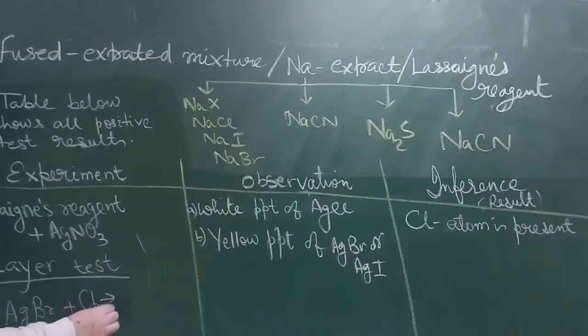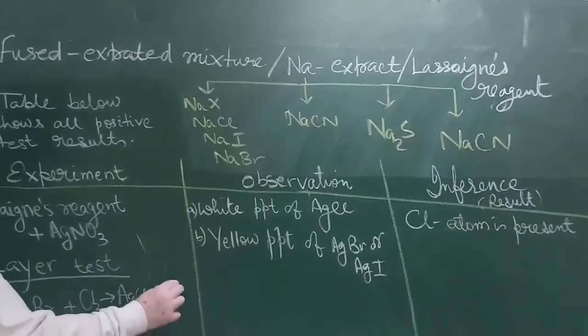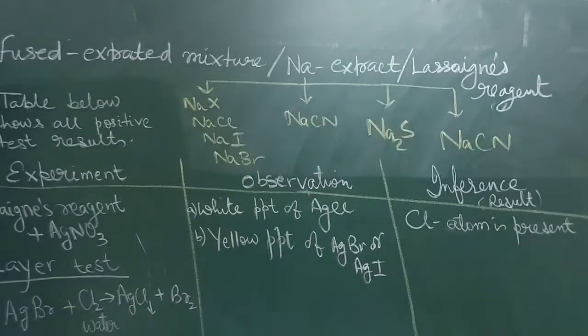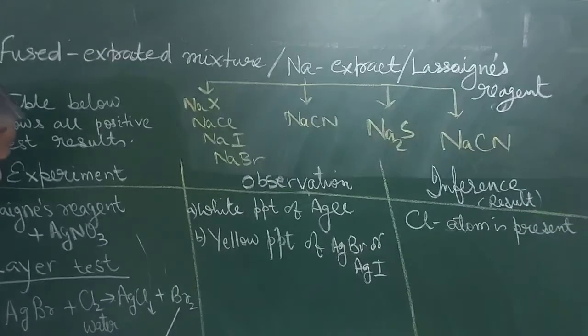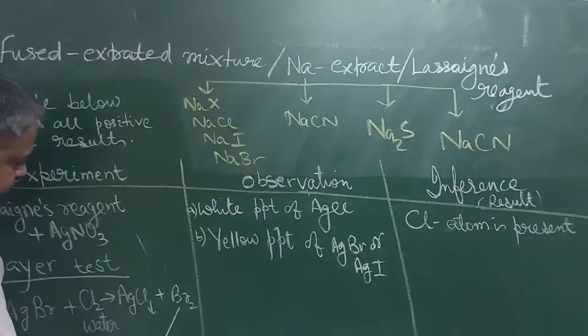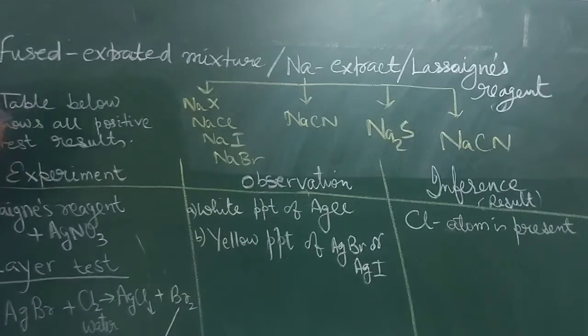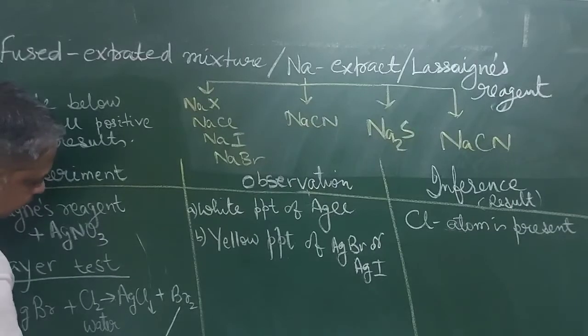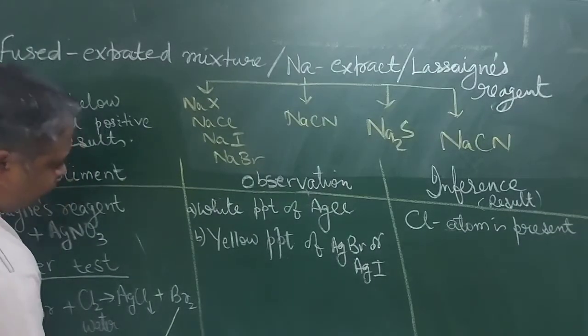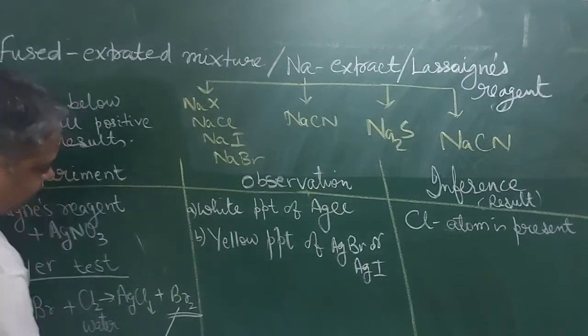It will form AgCl white PPT and Br2 will come out. This Br2 will give a red colored layer in CCl4 because both are covalent compounds.